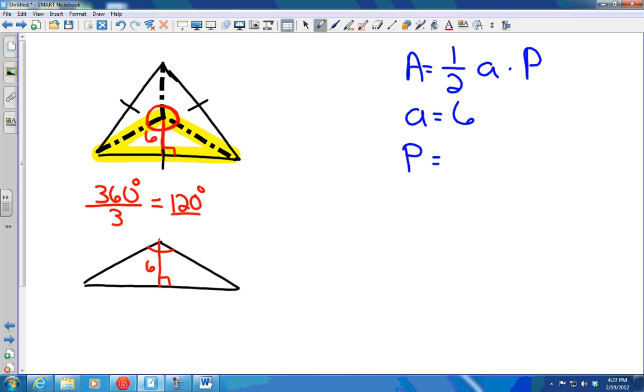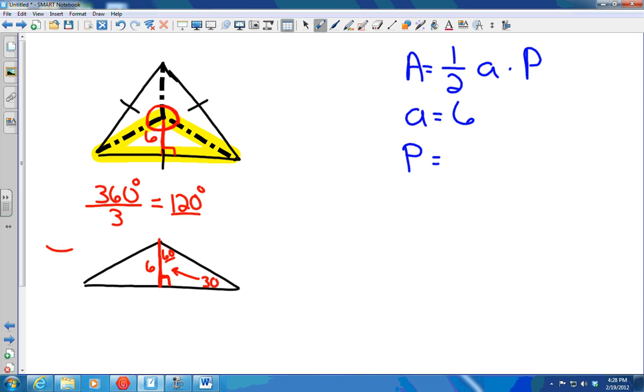But the apothem goes right down the center, cutting that 120 degree angle in half, so each of those angles should be 60 degrees. And if that's 60 and that's 90, then this should be 30 degrees. And we have a very familiar 30, 60, 90 triangle, and the short leg is 6.